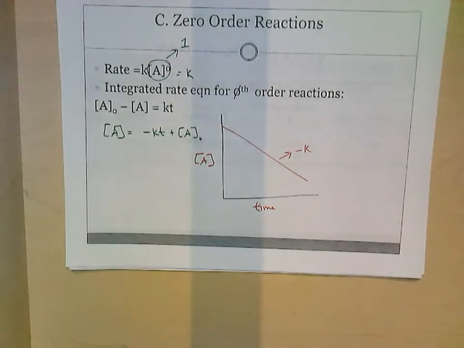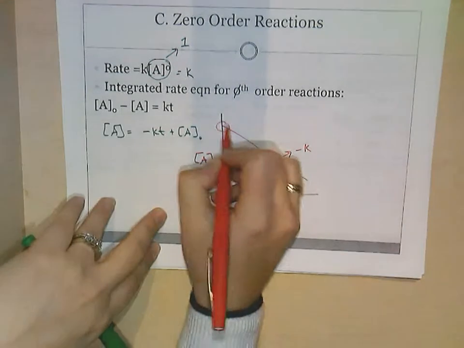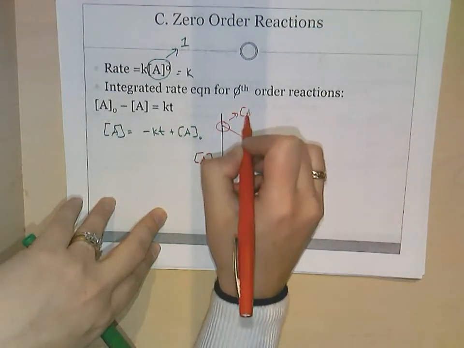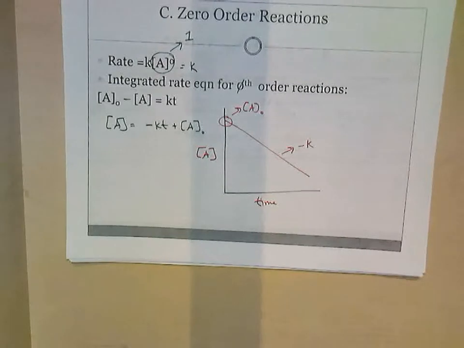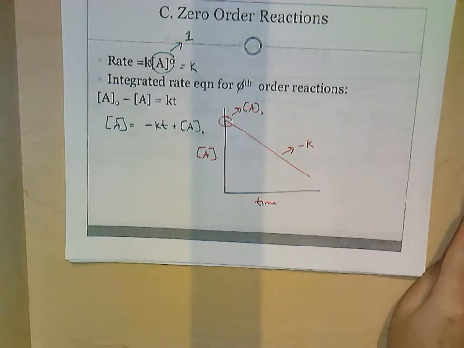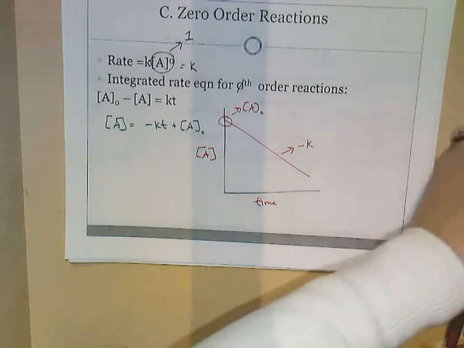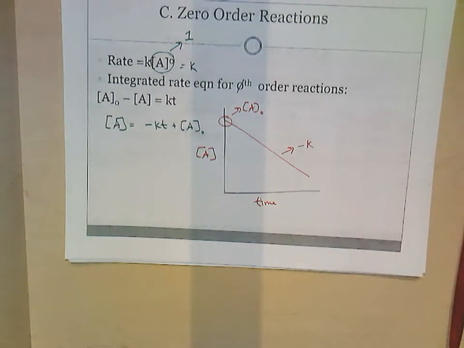All right, and then this is initial, our B intercept, my intercept. And that's such a boring equation, I don't really have a practice problem for it. I mean, there's nothing tricky, there's no fractions, there's no natural log.